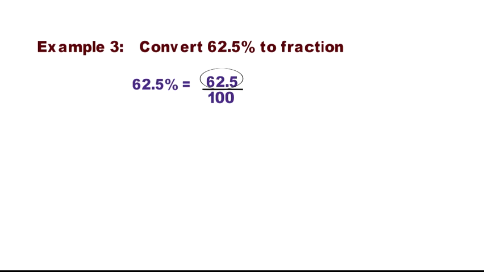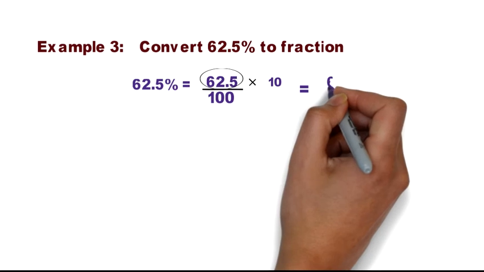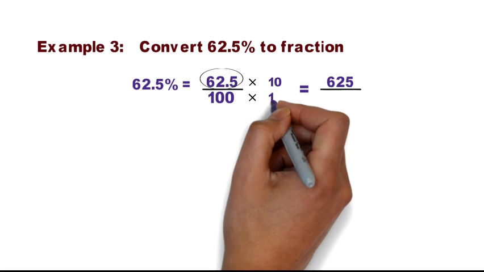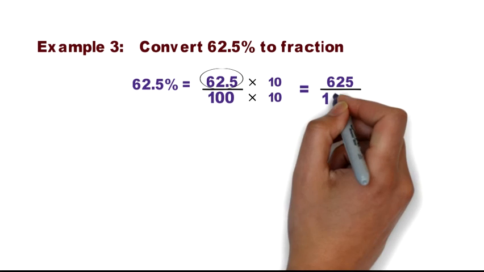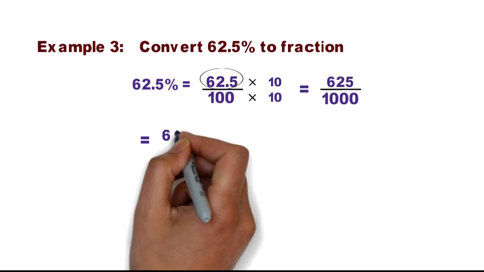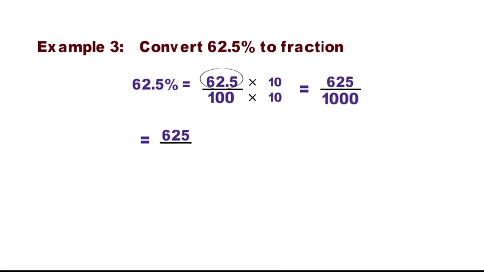Also, we will multiply the denominator by 10. This will give us, for the numerator, 62.5 times 10 is equal to 625. And, for the denominator, 100 times 10 is equal to 1000. So, the fraction is equal to 625 divided by 1000.